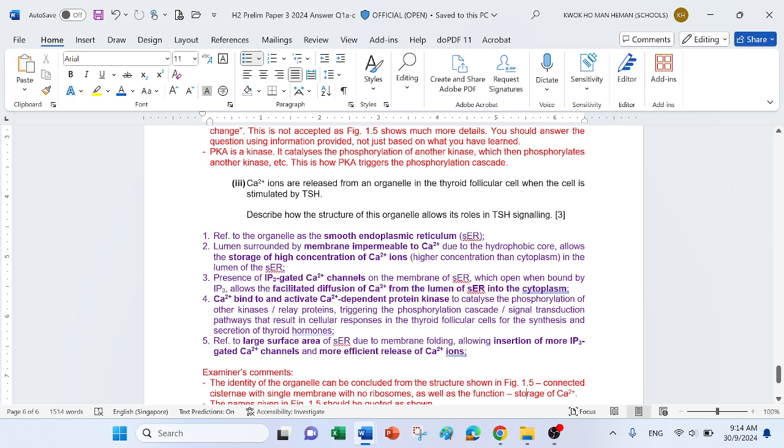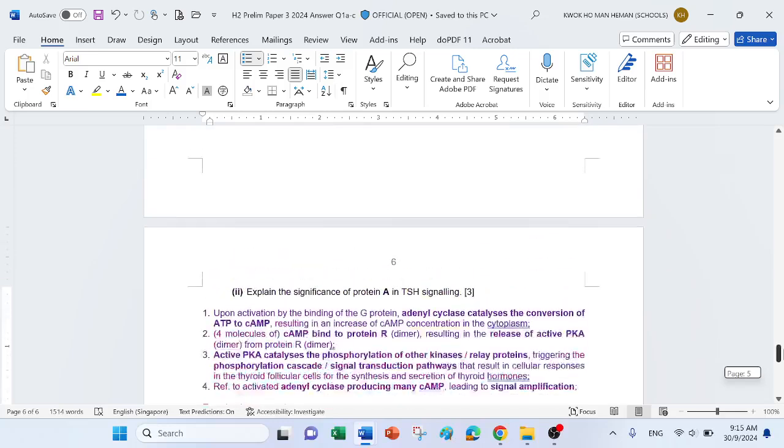So one of the structures is that it is membrane bound and that the membrane is impermeable to calcium ions due to the presence of the hydrophobic core. So this allows for storage, so that the calcium ions don't leak out of the organelle. And then there is the presence of IP3 gated calcium channels. The name is written in figure 1.5.